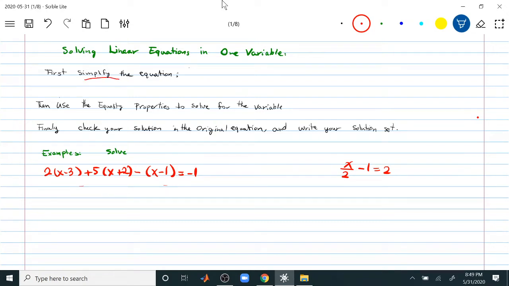Simplify the equation is your first step. This means if you have distribution, you have like terms, you combine like terms. What else?